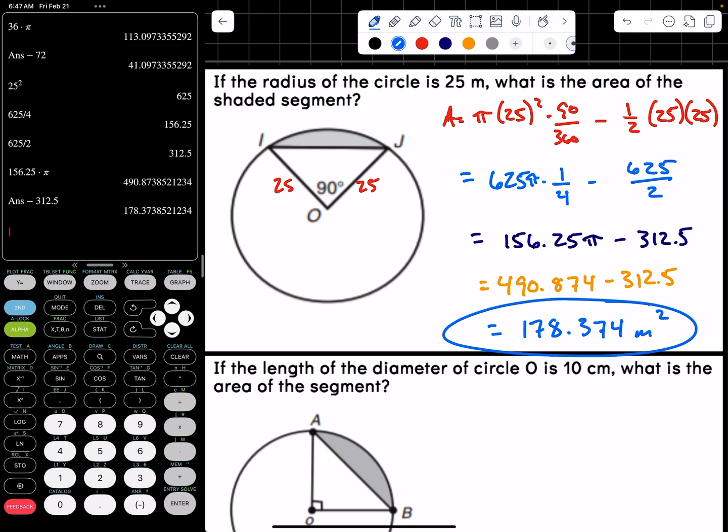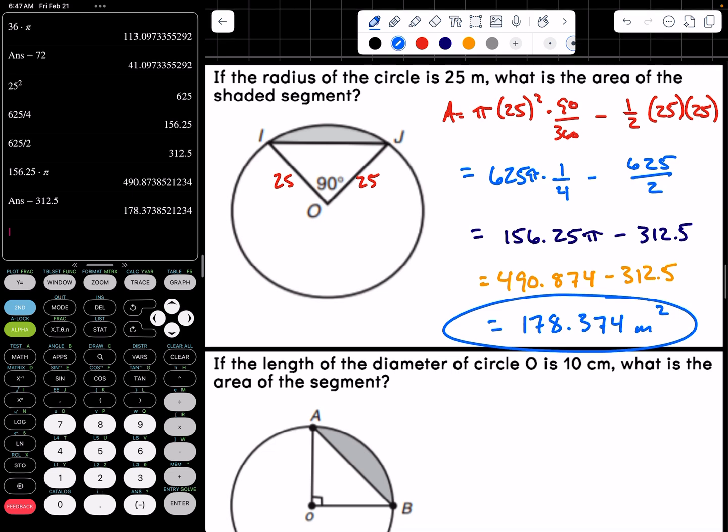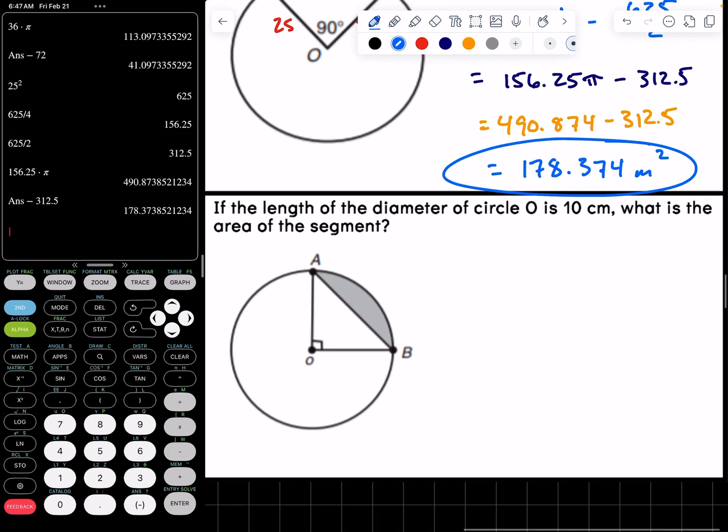It's a little bit of a process, but once we get through the basic steps of it, pi r squared, we're going to divide it by 4. We're going to take that same square when we have these 90-degree triangles, these right triangles, and it's going to simplify things a little bit for us.